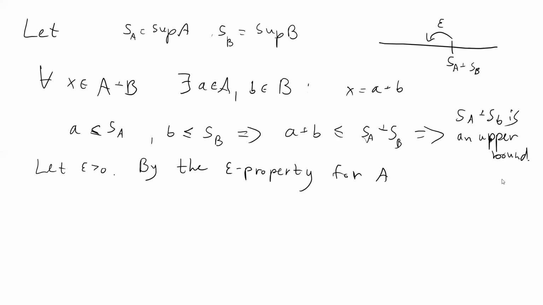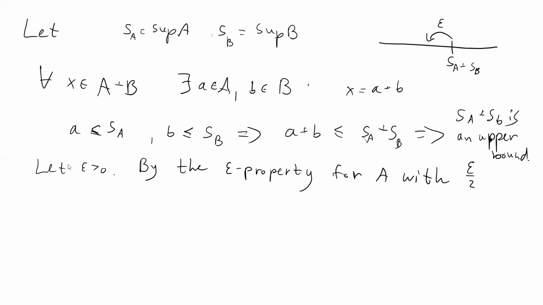So let epsilon be a number greater than 0. By the epsilon property for A, because we already know that A is bounded and its least upper bound is SA, we use the epsilon property for A and take a specific epsilon, which is epsilon divided by 2.